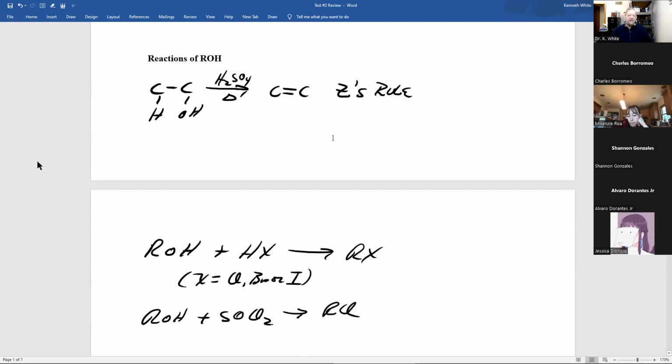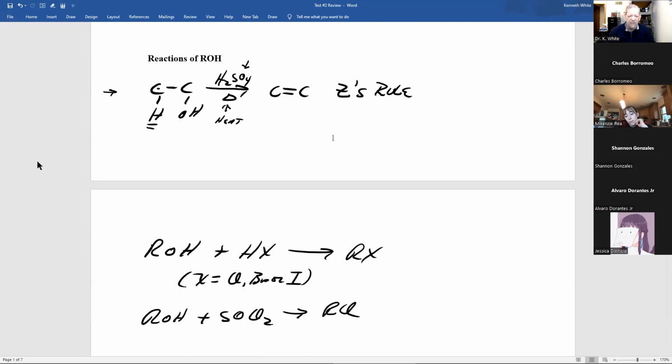Now, probably one of the more difficult, challenging reactions is this, and that is dehydration of an alcohol. You take an alcohol and it has to have a carbon adjacent to it with a hydrogen. Adjacent means next door. And this means heat and sulfuric acid, H2SO4.